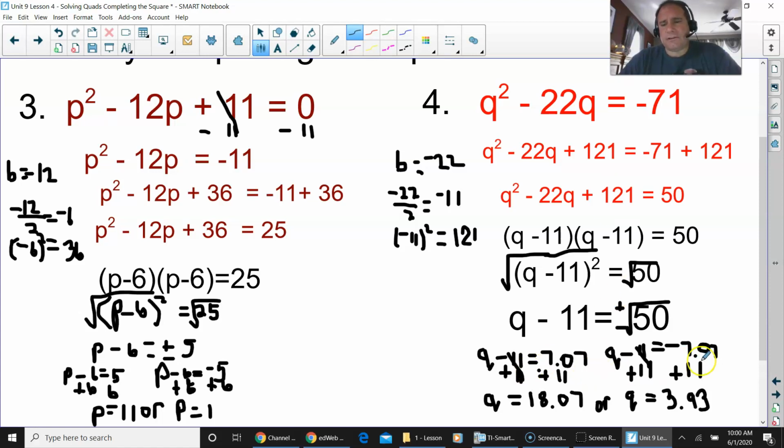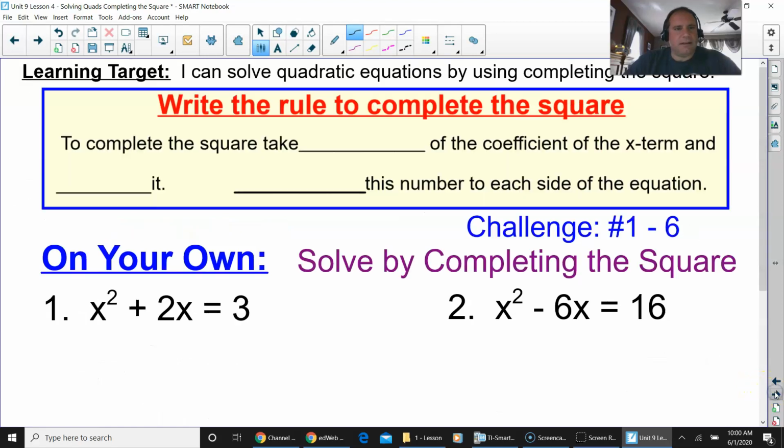You solve both sides, you get q equals 18.07 or q equals 3.93, and that is the answer to number 4. Alright, hopefully you were able to follow along. If not, you could always rewind and play the video again if you would like.